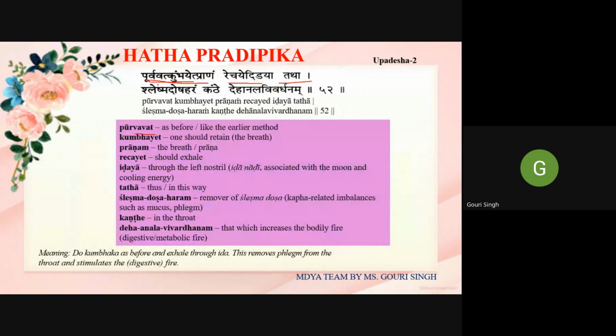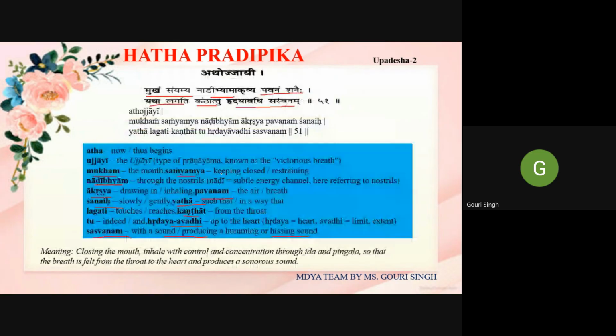Purvavat Kumbhakat Pranam means as we have discussed the method of Kumbhaka, in the same way you have to first hold the breath and apply the three bandhas, and only then Rechayat Ida Tatha, which means you have to exhale from the Ida, the left nostril. First it is said that you have to inhale from both nostrils.